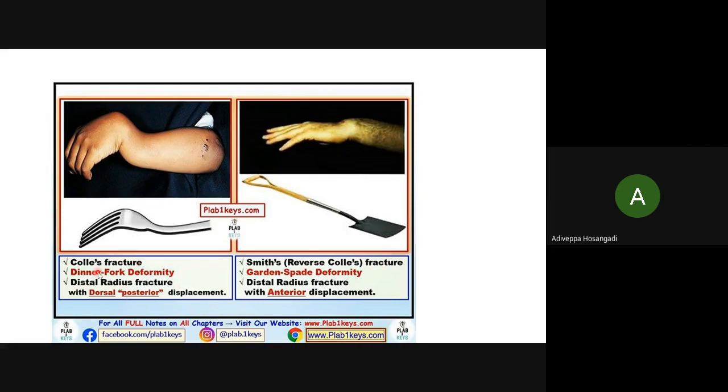So Smith is a reverse Colles fracture. Try to remember only Colles fracture, then Smith is a reverse of that. One important point: Colles fracture and Smith fracture both are extra-articular fractures.